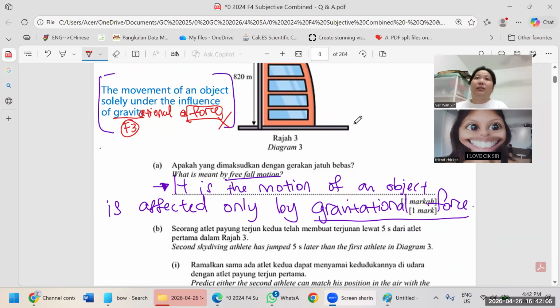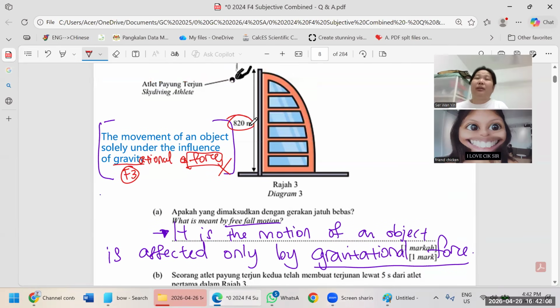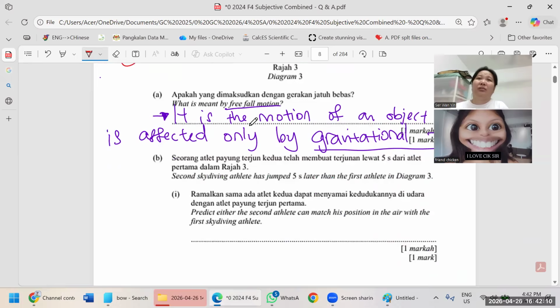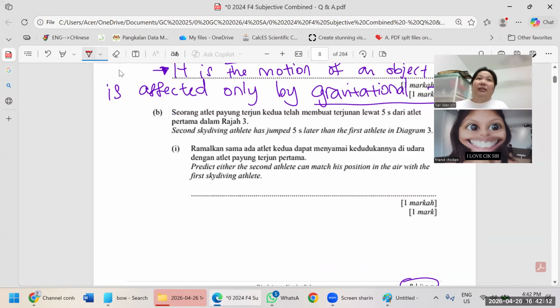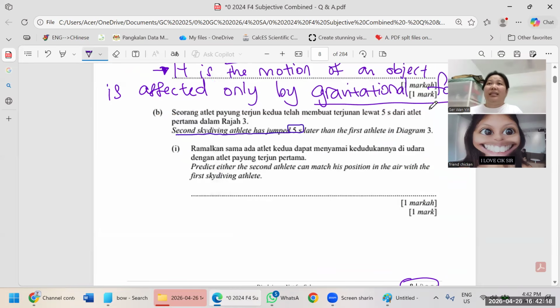Okay, once they give you numbers, sure, you need to calculate that. So now a second skydiving athlete jumped 5 seconds later than the first one. Predict whether the second athlete can match his position in the air with the first skydiving athlete or not.